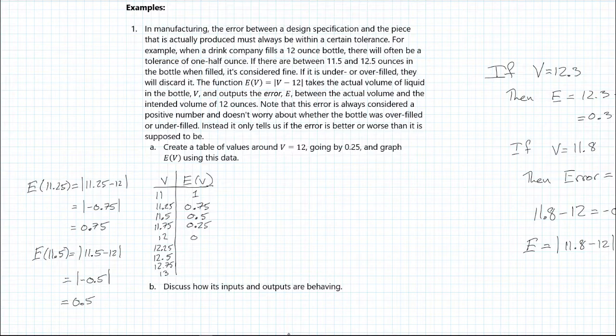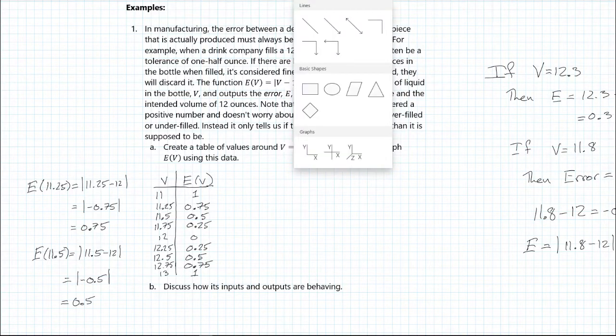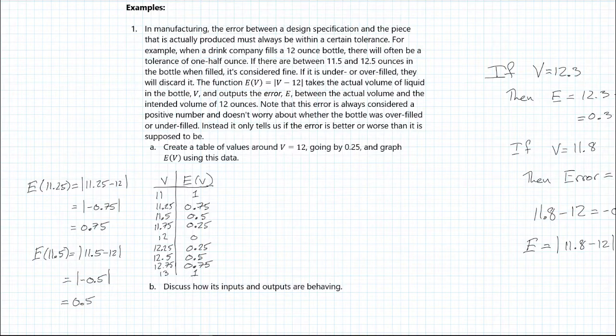If it fills to 12.25 ounces, we have a positive 0.25 error again. If it fills to 12.5, our error is 0.5. If it fills to 12.75, our error is 0.75. And if it fills to 13, our error is 1 again. Right. Let's get a coordinate plane drawn, and we'll graph this.